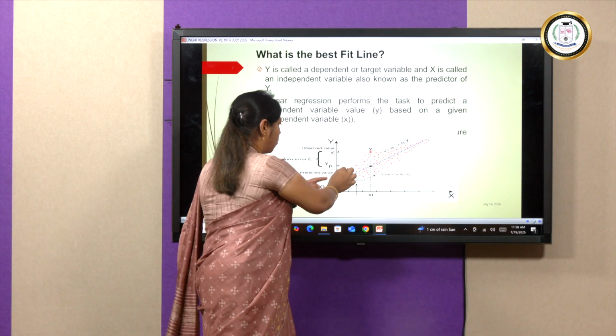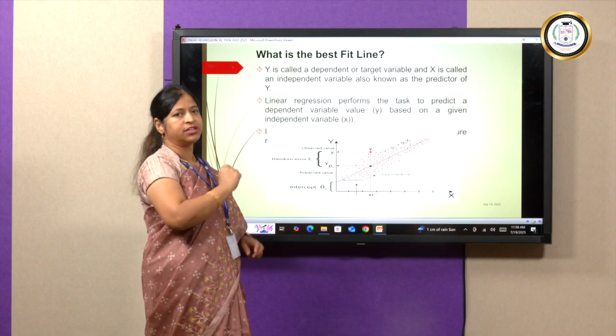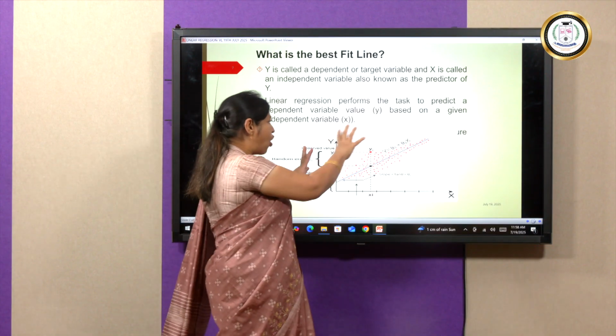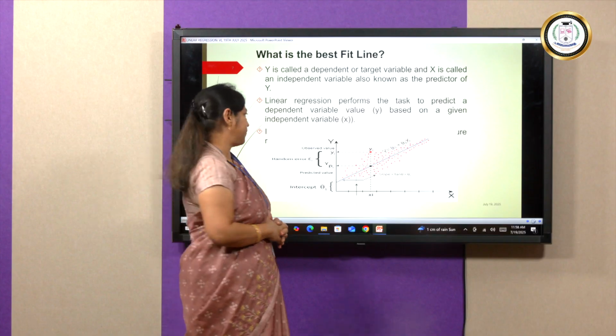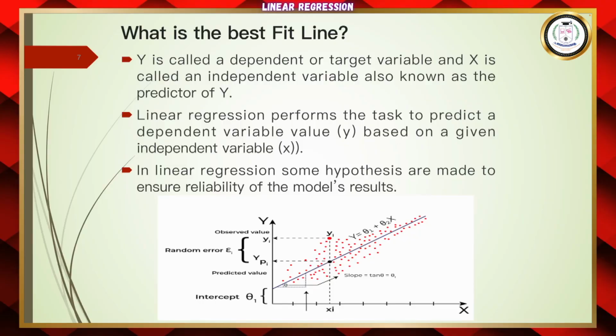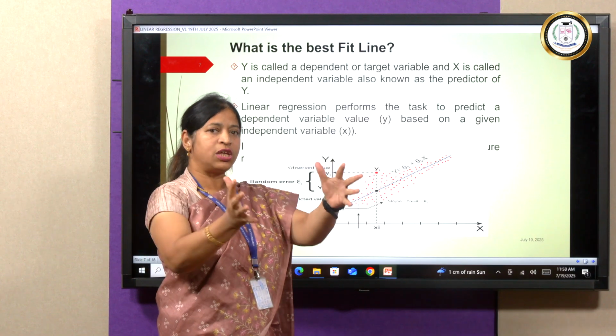For example, one data point tells the corresponding x value and the corresponding y value. So all data points are the points available in the data set. After plotting those data points in the graph, we put a best fit line. As I told you already, the best fit line must encompass all the data points in closer proximity.